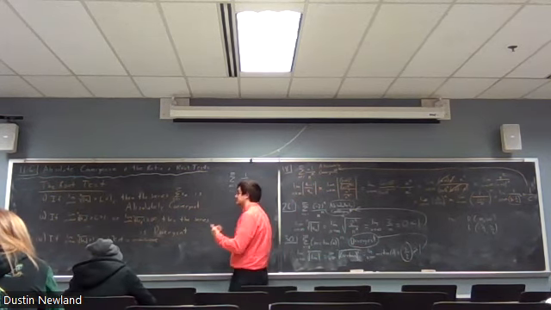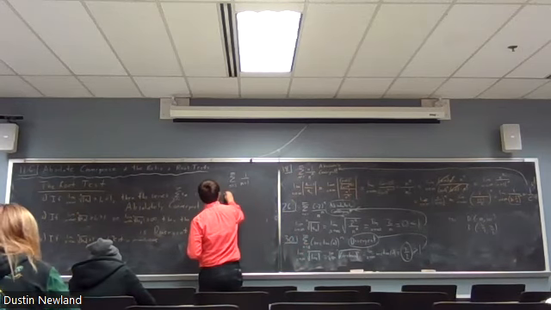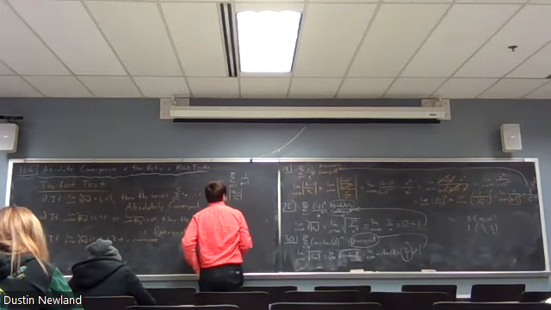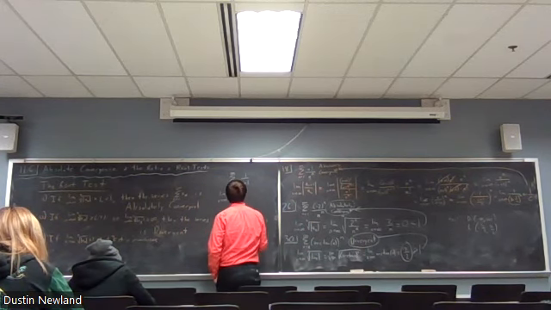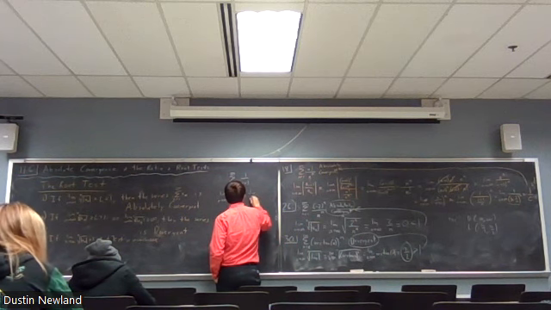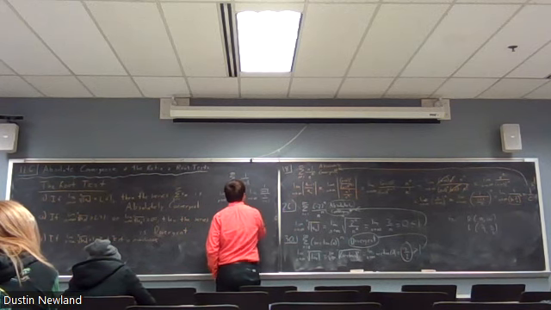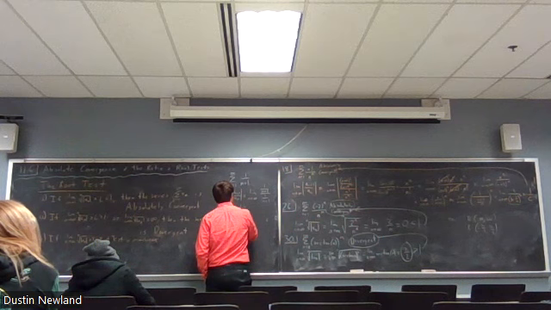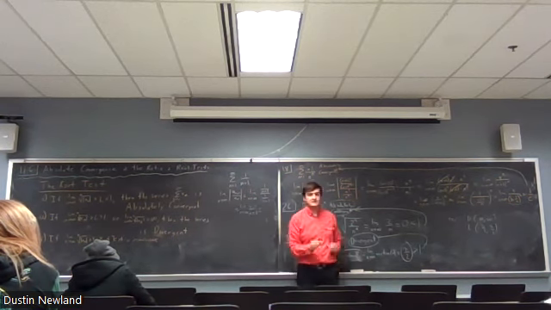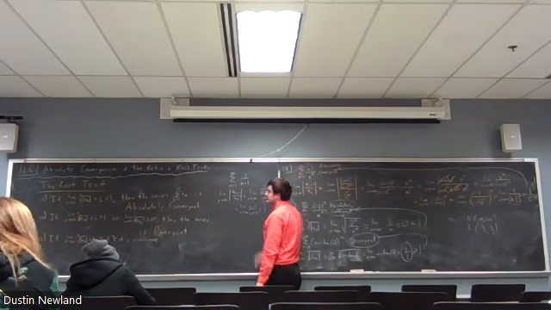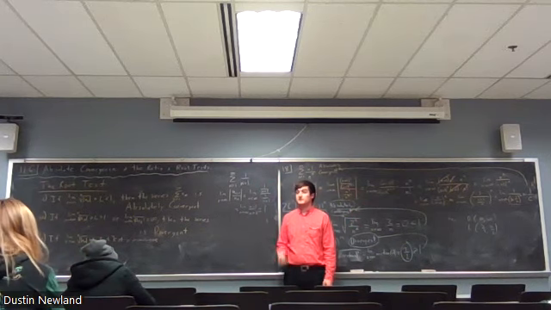I would take the limit as n approaches infinity of a n plus 1 over a n, which is the limit as n approaches infinity of 1 over n plus 2 over 1 over n plus 1, which is the limit as n approaches infinity of n plus 1 over n plus 2. That's 1, right? So here's an example of a case where you get the limit to be 1.